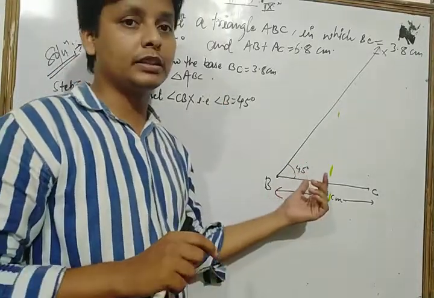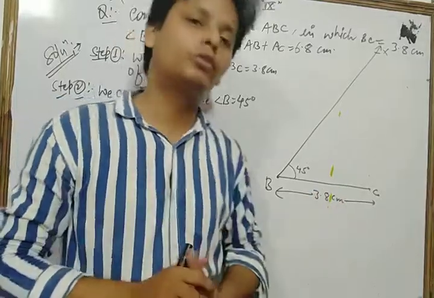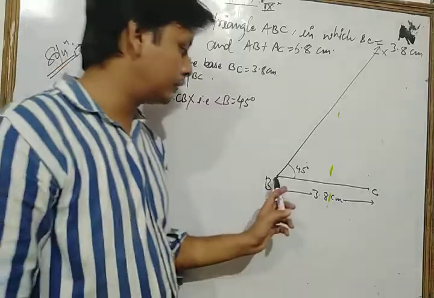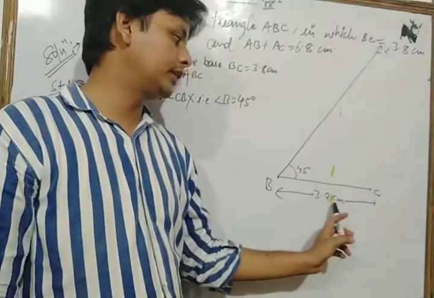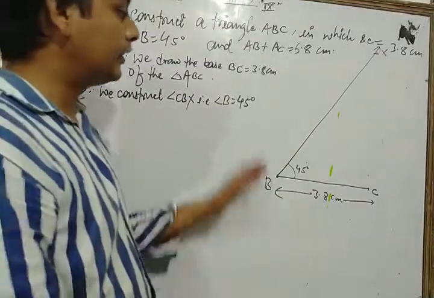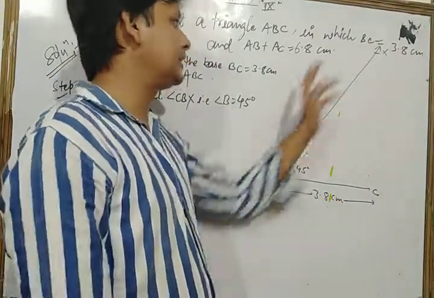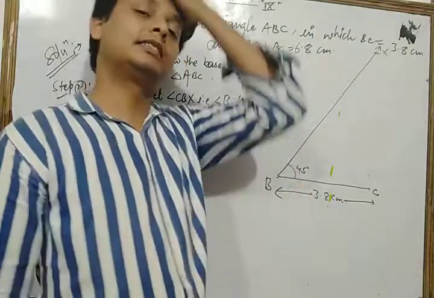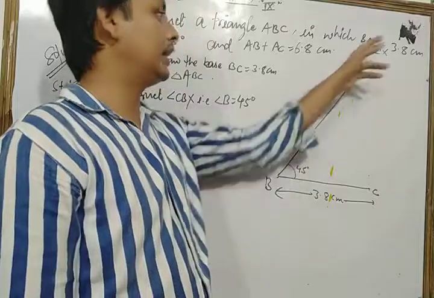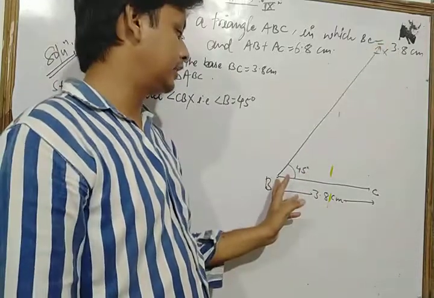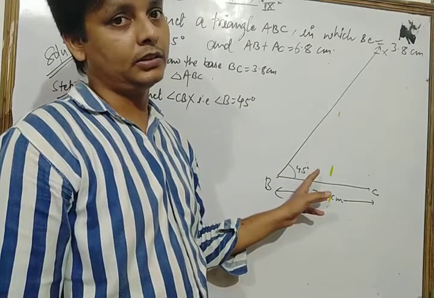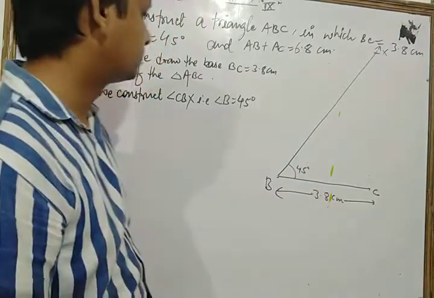So, dear students, in the first step, we draw the base of the triangle as 3.8 centimeter. After that we construct an angle CBX. We draw a ray BX in that way, and in that way we construct angle CBX, that is angle B equal to 45 degrees.